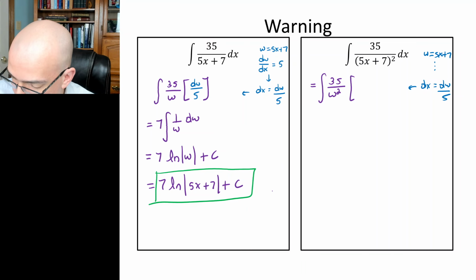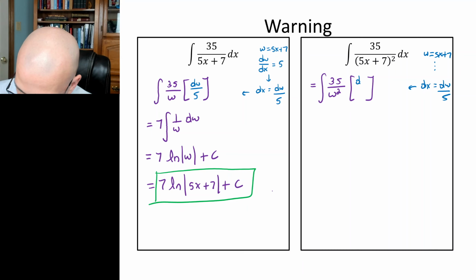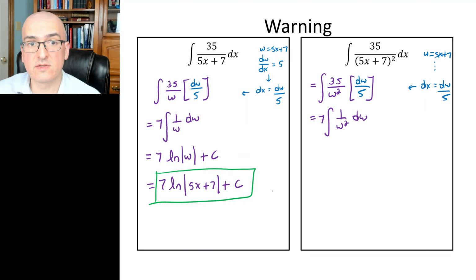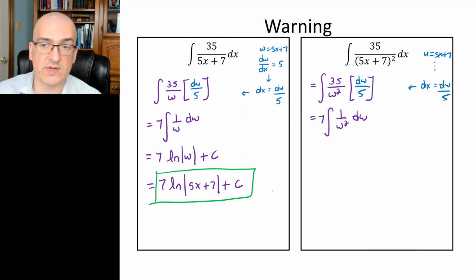And we have our dx, which is dw over 5. That part's exactly the same. So 5 cancels. We got a 7 out front. 7 times antiderivative of 1 over w squared. But that's not ln absolute value of w squared when you take the antiderivative.